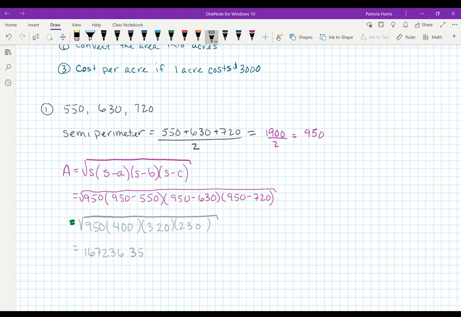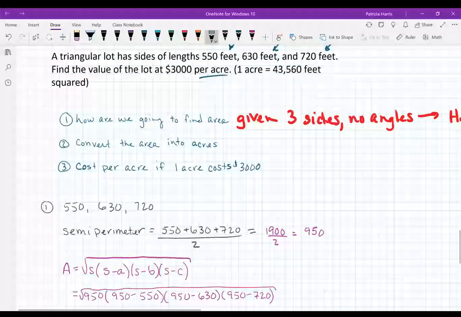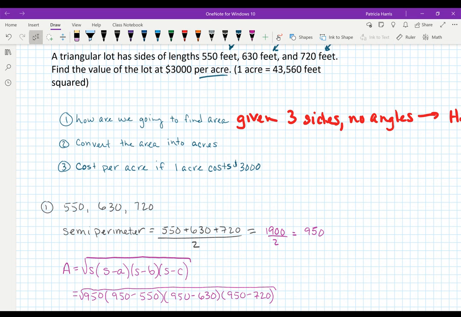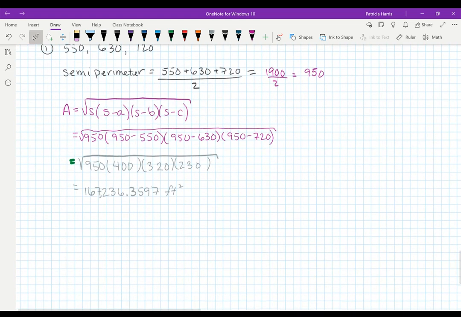Okay, so that's what I get: 167,236.3597 feet squared. Now remember, I want to figure out how many acres this is. If I look back up on the problem, 1 acre is equal to 43,560 feet squared.